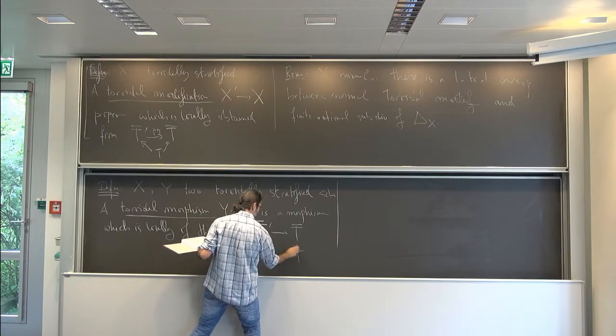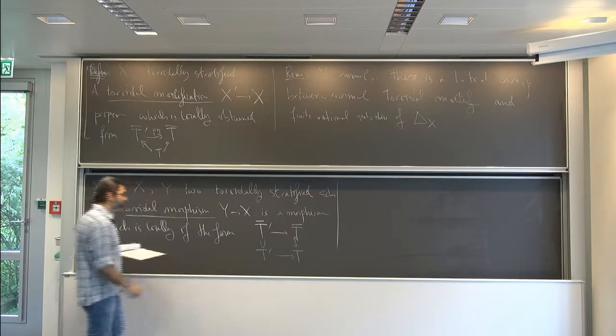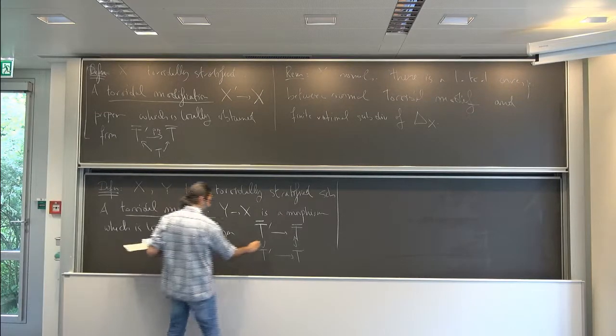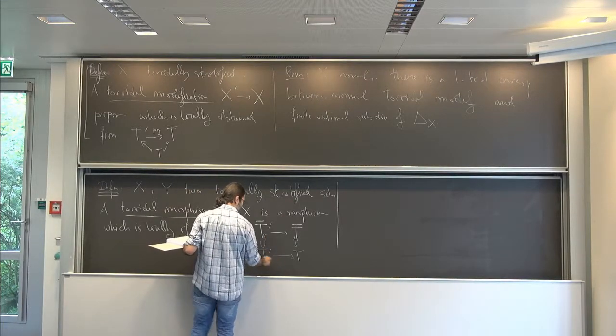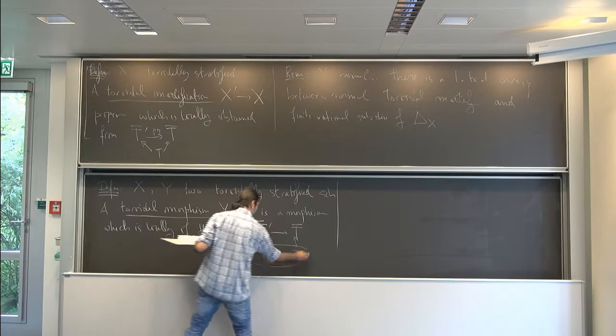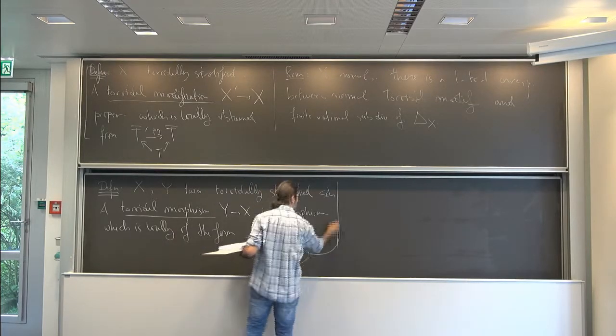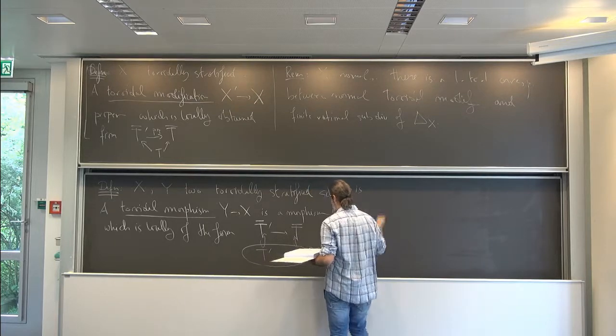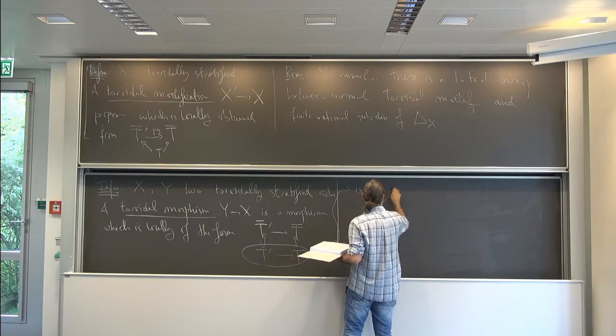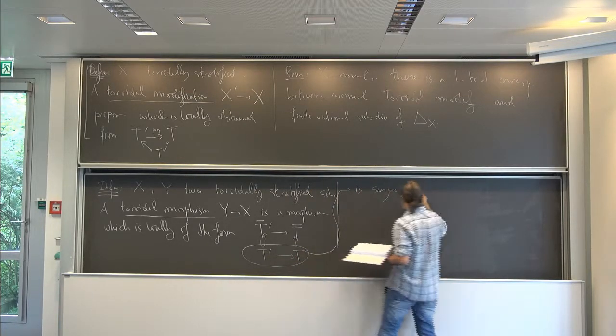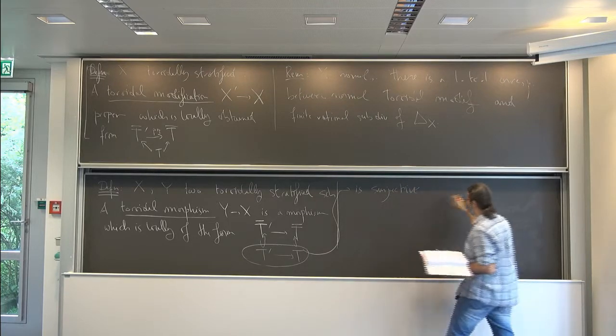But instead, we ask that this map is a surjective morphism of tori.